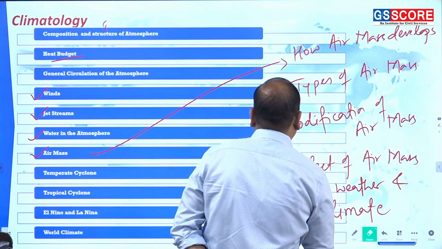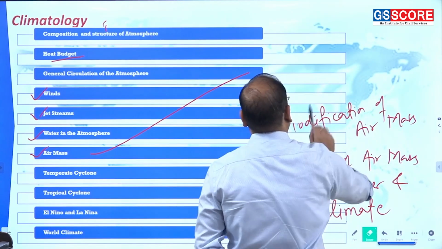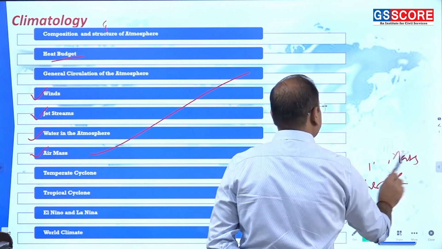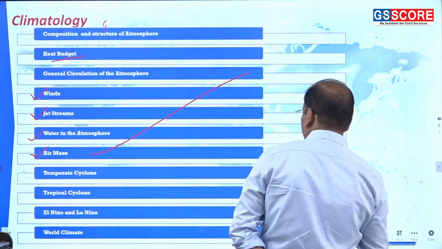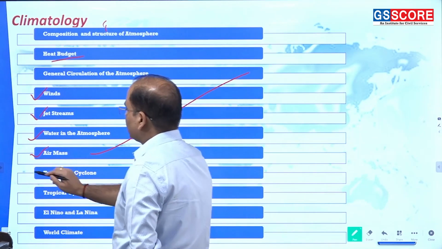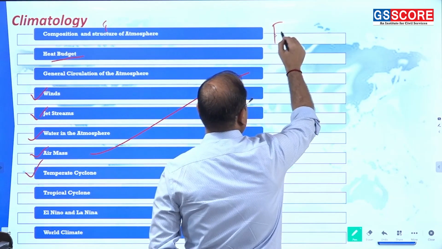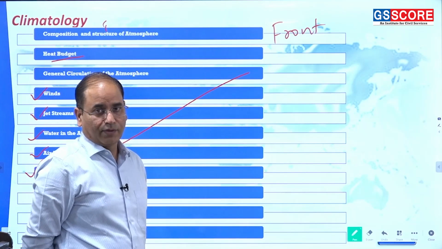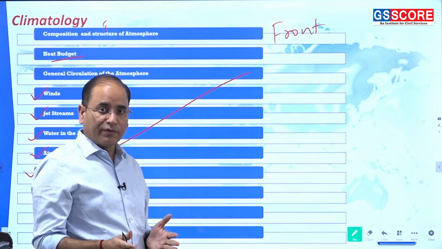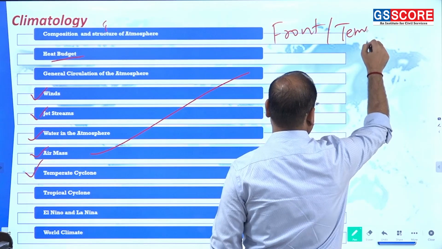When the air mass will develop, the different types of air mass will develop, then these air masses will interact with each other and they will be associated with the next phenomena, simply known as temperate cyclone. So air mass is associated with another phenomena that you are supposed to study, that is the front. So air mass will transform into the front, and front is nothing but the temperate cyclone.